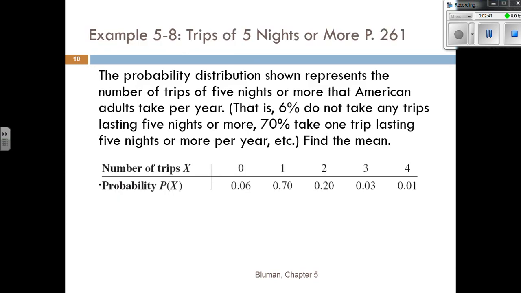So here's an example. This is the probability distribution that represents the number of trips of 5 nights or more that American adults take per year.